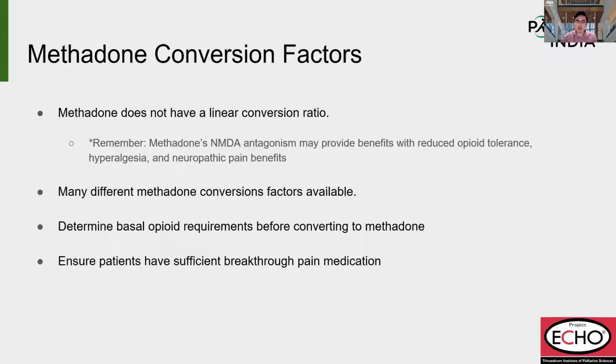Because of all these factors, it isn't going to be a clean linear conversion, and it will be dependent on how much opioid a patient is currently on. If you do literature searches and look at different institutions, there are a lot of conversion factors available. In 2019, a group of palliative care experts came together and made a white paper consensus regarding safe and effective management of methadone.